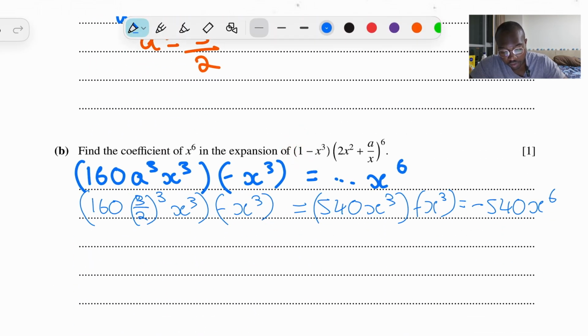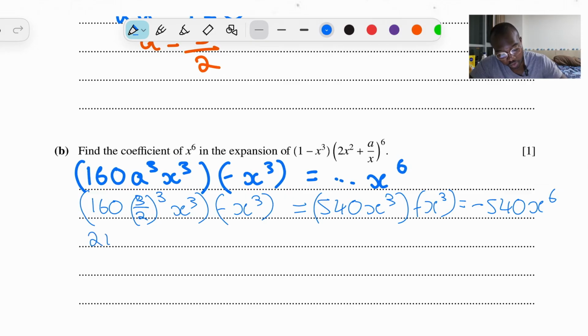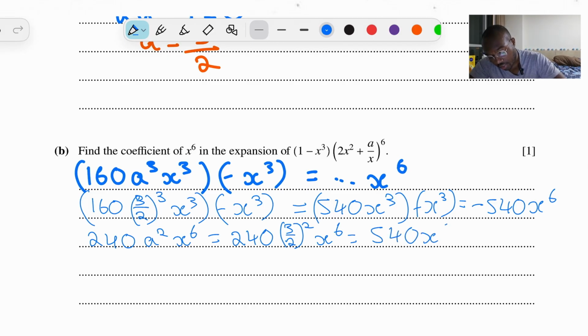So for that one, if we have 240a squared x to the 6, we do a similar thing. Just do 240 times 3 over 2 squared x to the 6. If you do that on your calculator, that will give us 540x to the power of 6.